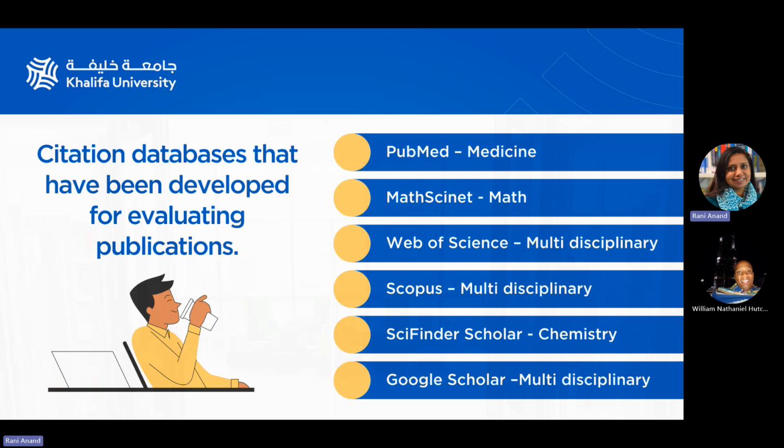SciFinder Scholar is a citation database for chemistry. Then Google Scholar is a multidisciplinary database which is freely available, but the precision is a bit less compared to the databases controlled by a curator or a group of curators.